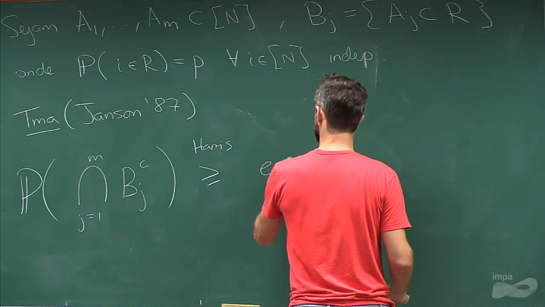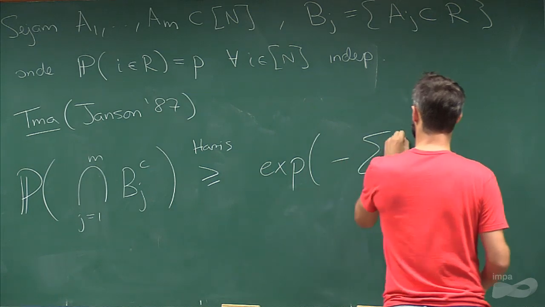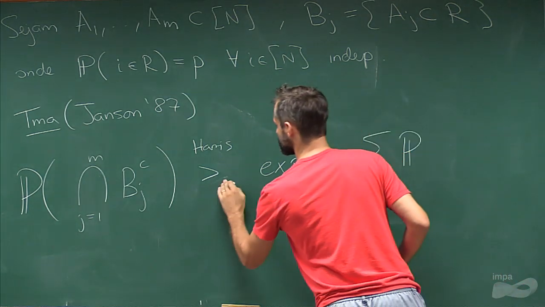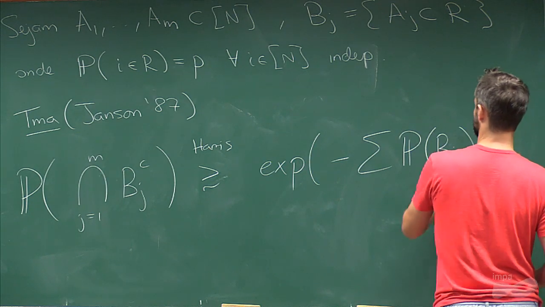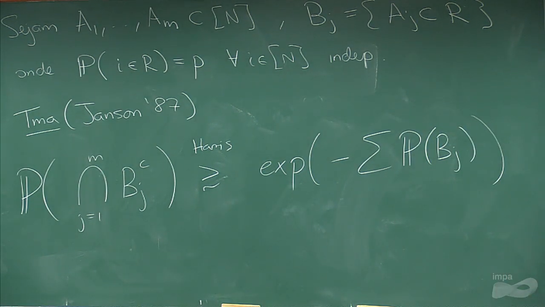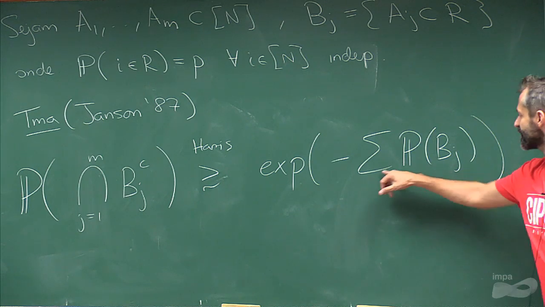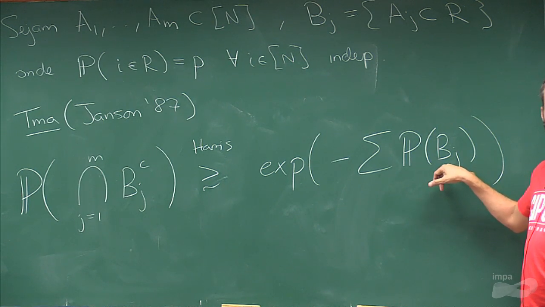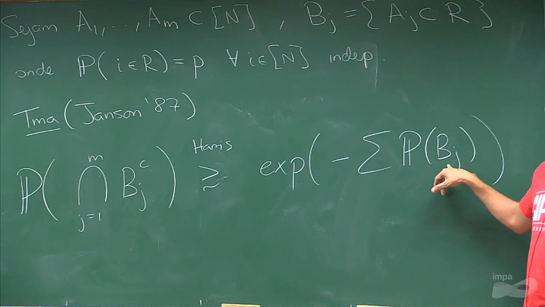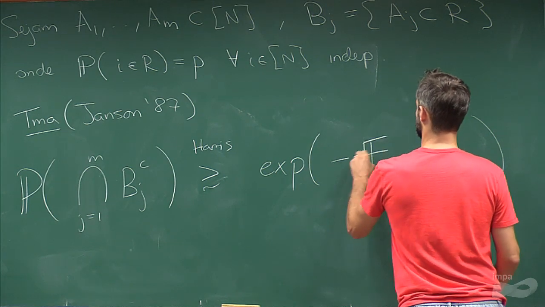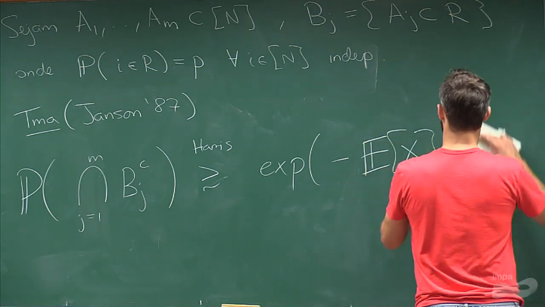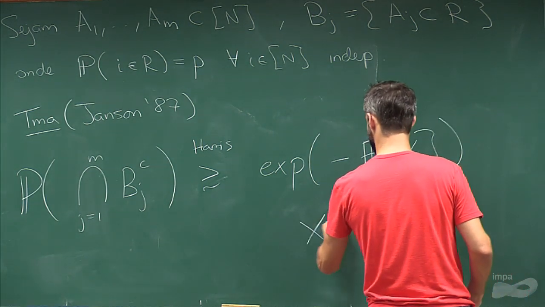So this is roughly at least this thing. What is this thing, though? This is just the expected number of bad events that occur. So x equals number of bad events.